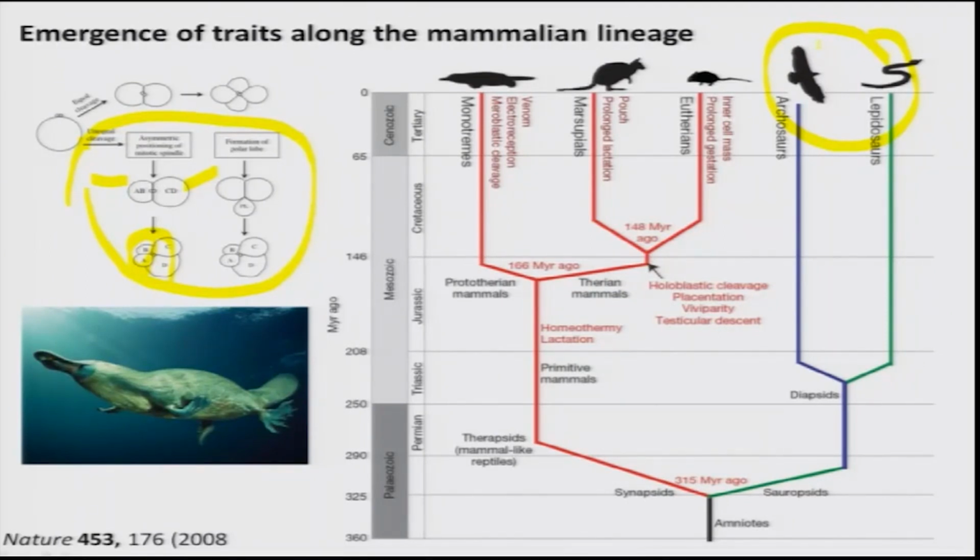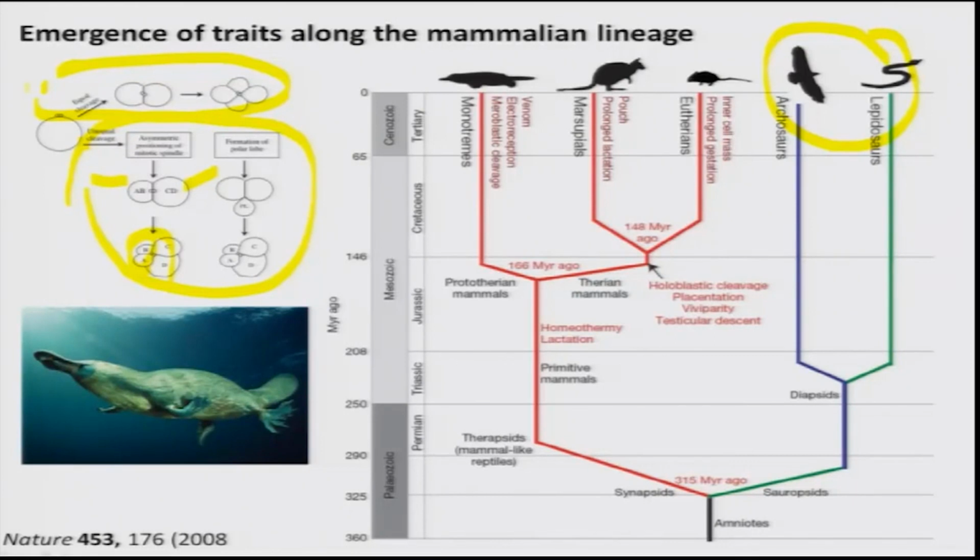Whereas mammals follow this equal cleavage. So one cell divides into 2 and 4, each one of same size. That's why at times when the embryo splits into 2, you will have identical twins. It is possible because all the cells are equal in size, unlike in the majority of the reptiles and birds.